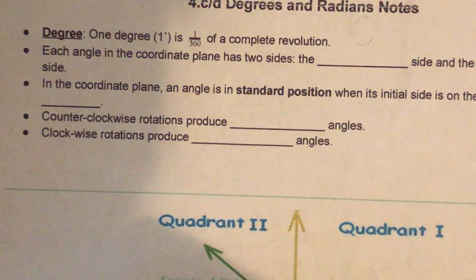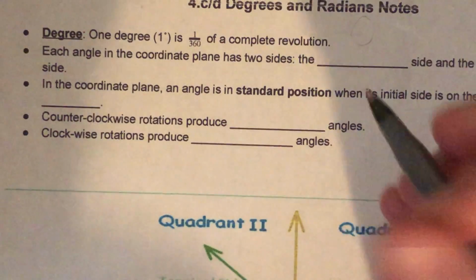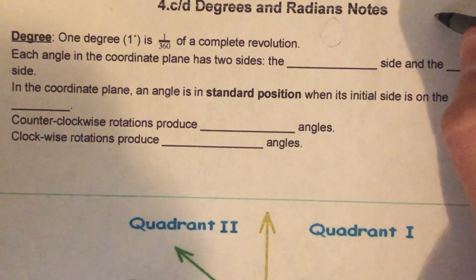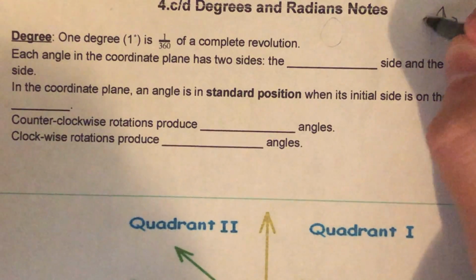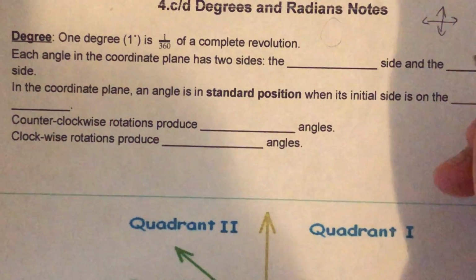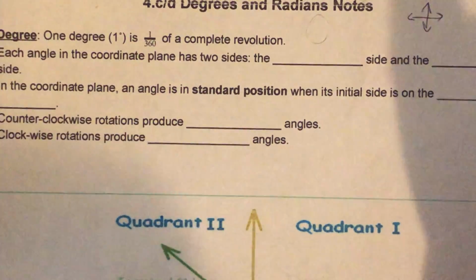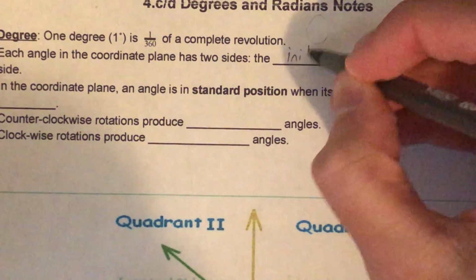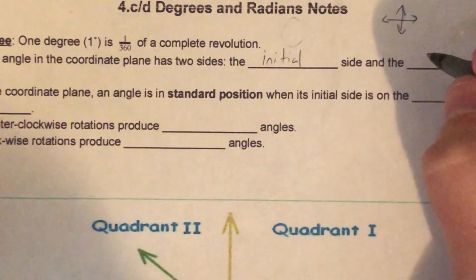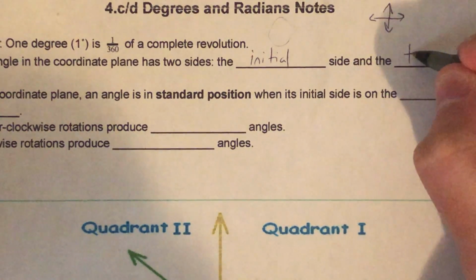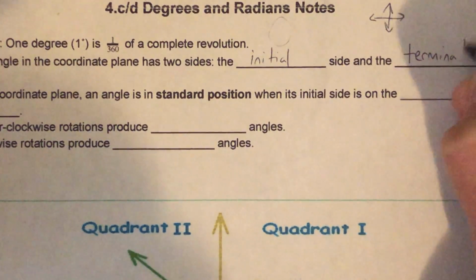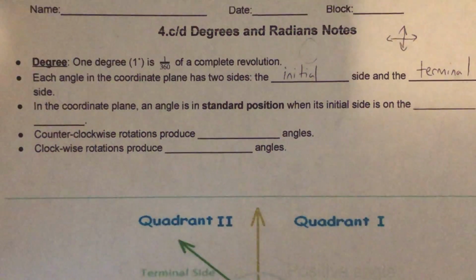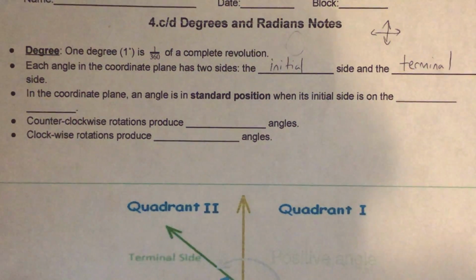Each angle in a coordinate plane, meaning with x and y, has two sides. It has the initial side, that's the starting point, and the terminal side. Initial and terminal.